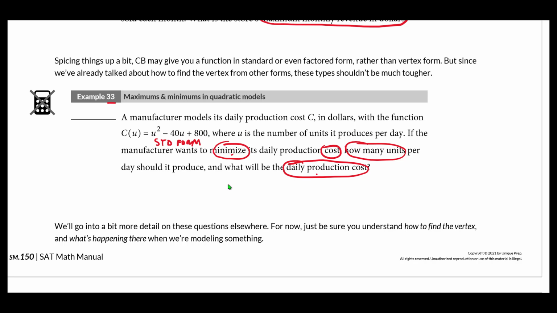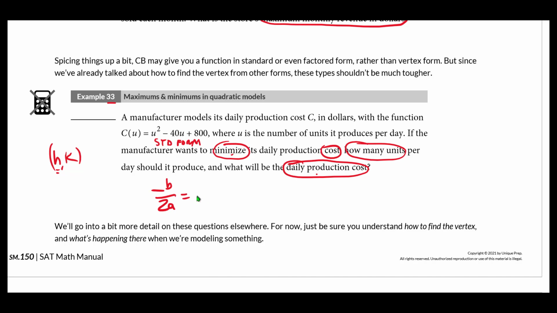The way we can do that is by finding the x coordinate of the vertex. We need h comma k, and we can find that h value by doing negative b over 2a. We learned this when we talked about extracting information from standard form.